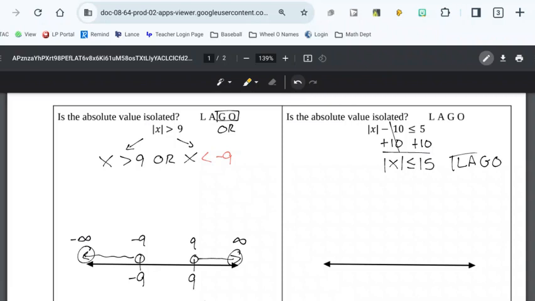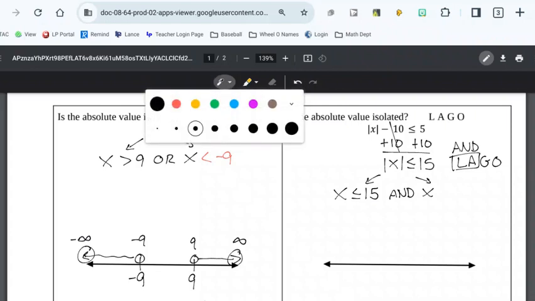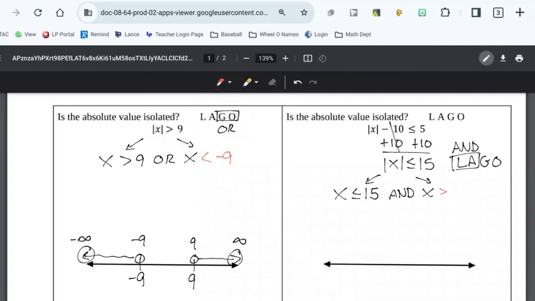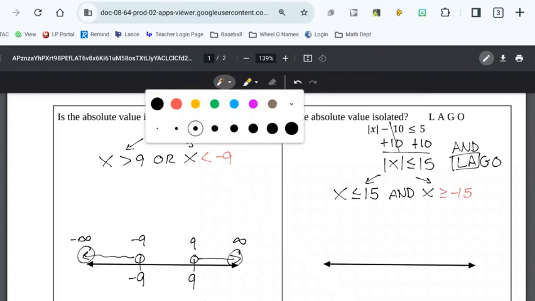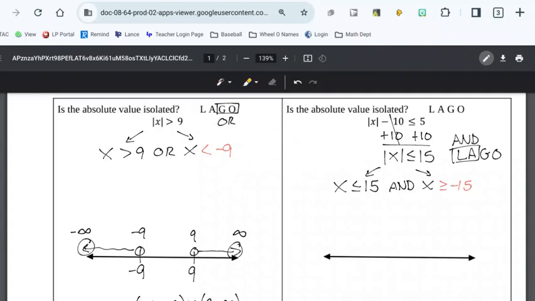It's a less than symbol, so it's going to be an AND problem. So now we can split: x is less than or equal to 15, and x, remember, sign flip, is greater than or equal to negative 15. And that is it, right?